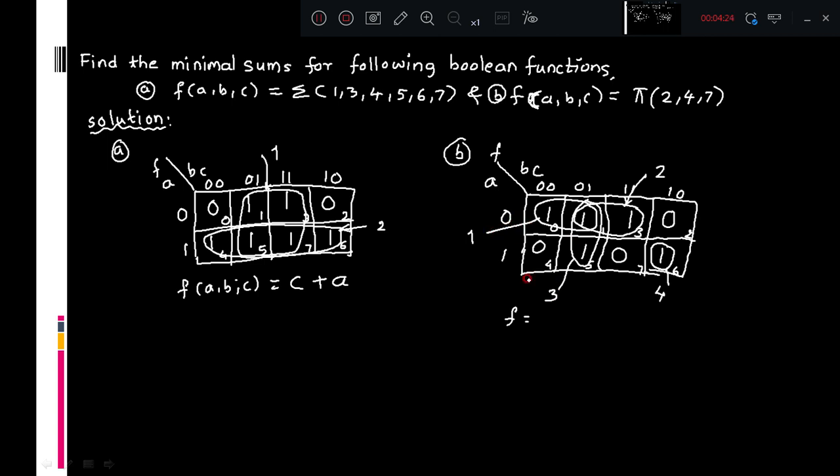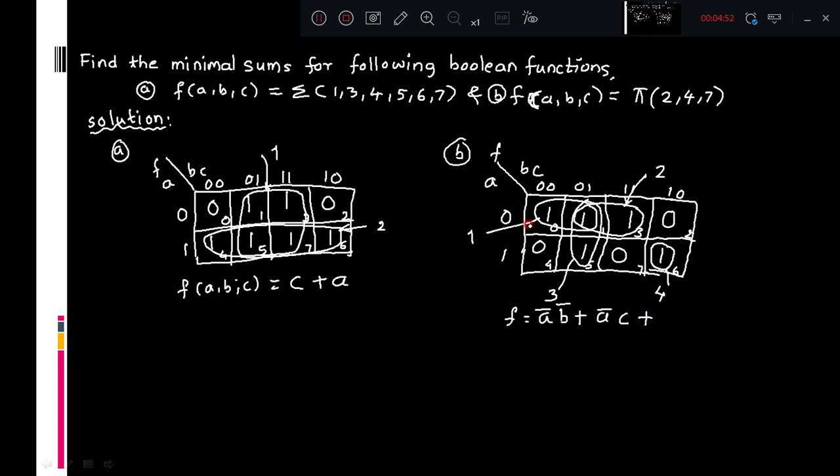For first grouping, a bar b bar. Here a remains 0, a bar, b remains 0, b bar, c is changing from 0 to 1, that is neglected, a bar b bar, first term. Second grouping, a is 0, we can write a bar, b is changing from 0 to 1, c remains 1, so I can write a bar c.